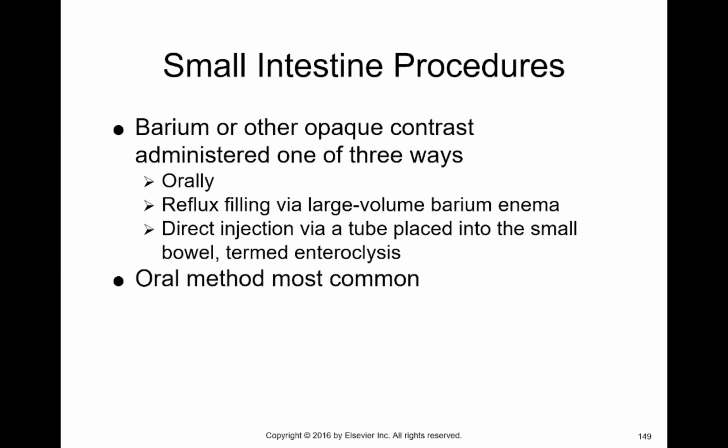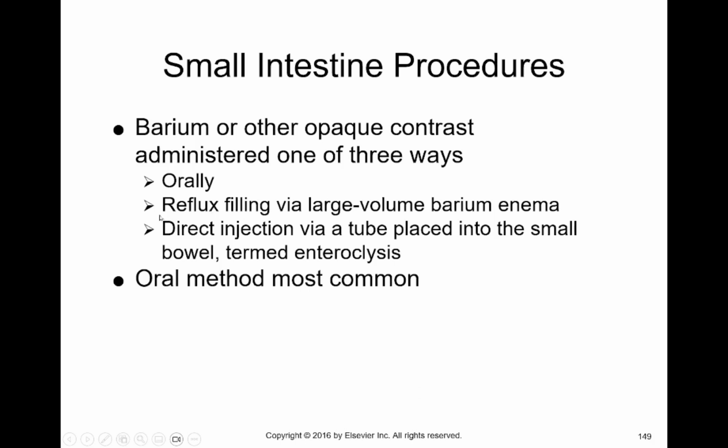Then you're going to alternate the injection of the barium with a different medication called methylcellulose. What that gives us is a double contrast exam of the small intestine, or at least a portion of it. By the time it gets all the way down to the ileum, the last portion of the small intestine, you might lose some of that double contrast and it just looks like a regular small bowel follow through. So the oral method is most common.